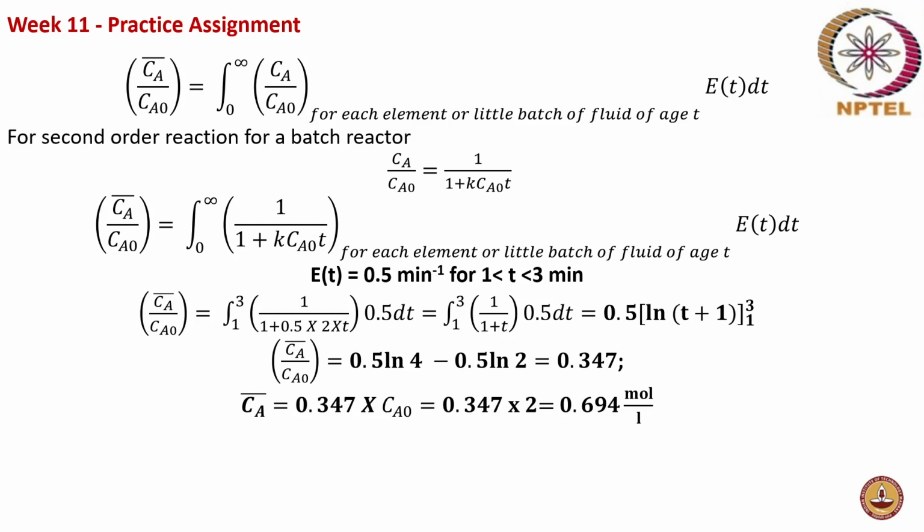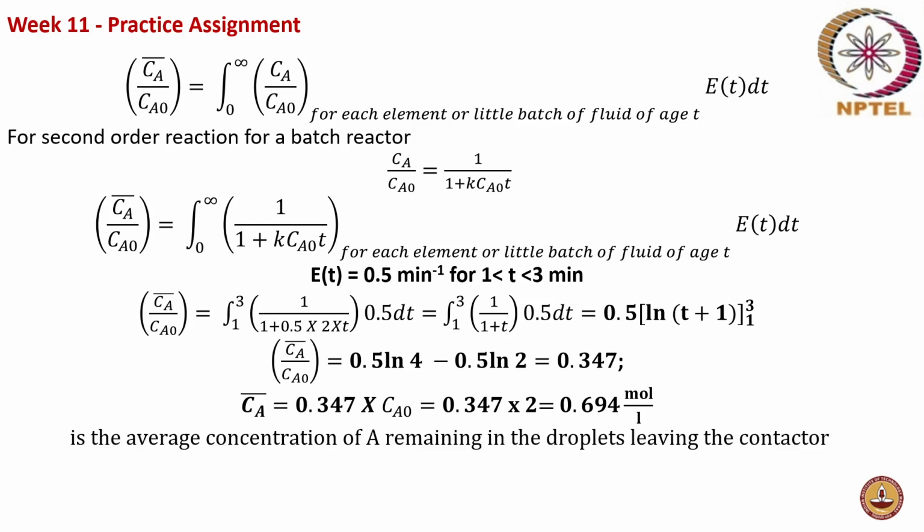Ca bar is the average concentration of A coming out of the reactor, so Ca bar is equal to 0.347 into Ca naught, which is 0.347 into 2, that is 0.694 mole per liter. That is the average concentration of A remaining in the droplets leaving the contactor.